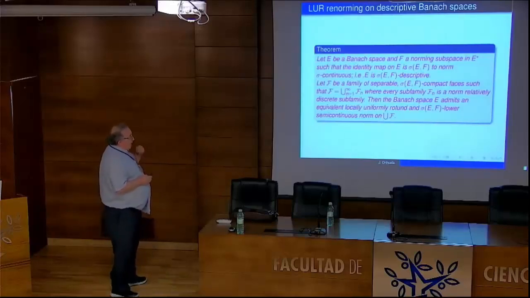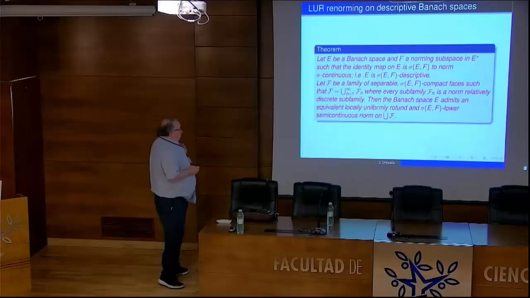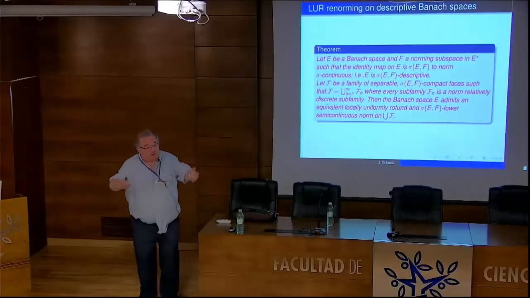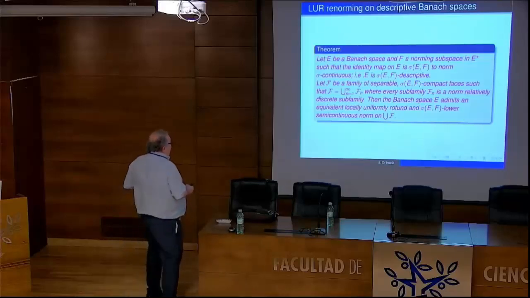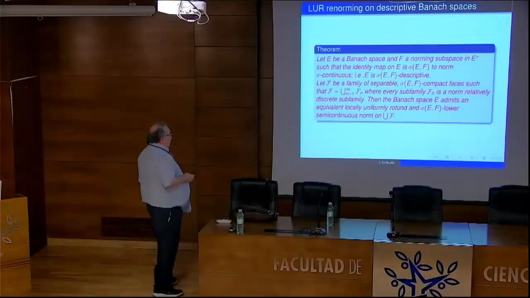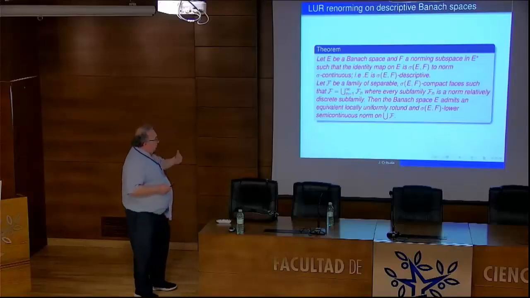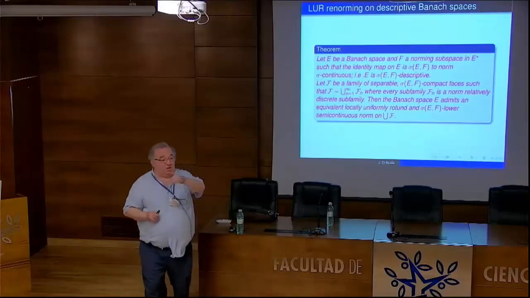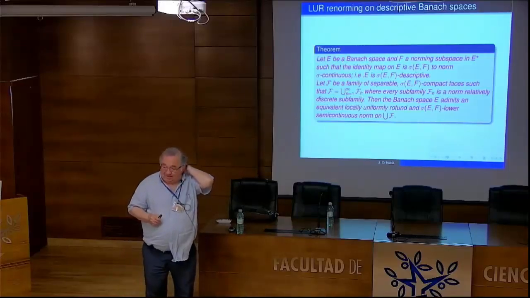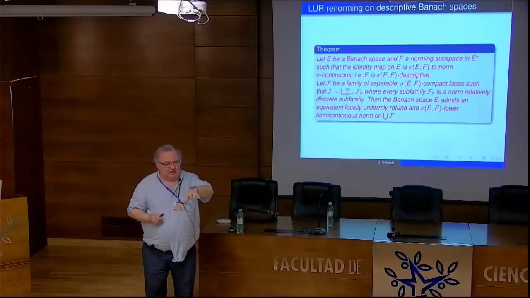In a Banach space such that the identity mapping is sigma continuous, for instance in the descriptive space, in the K-analytic space of Talagrand, for a family of separable compact faces, I have a locally uniformly rotund norm on the union. And then the other day there was a talk, I don't remember the name, but there was a guy constructing, in a paper with Peter Kayer, a LUR norm on a dense subset.